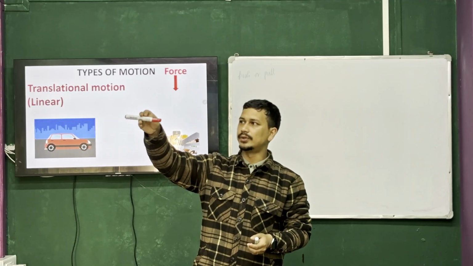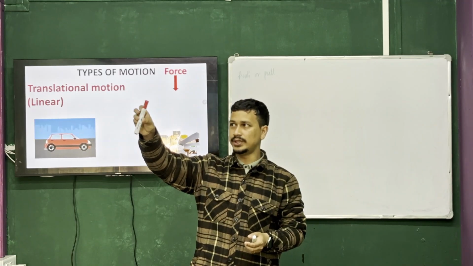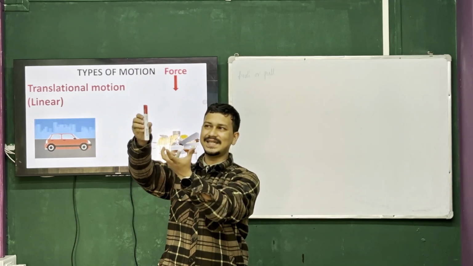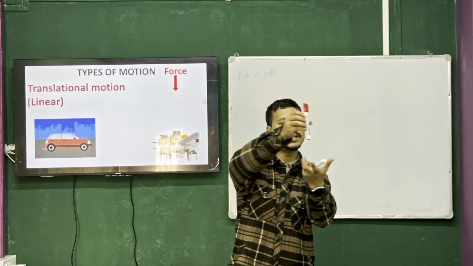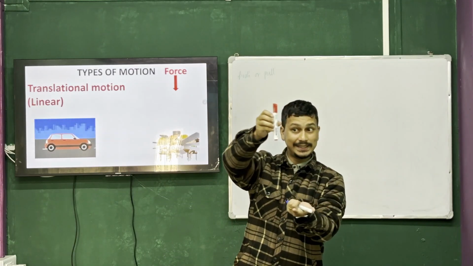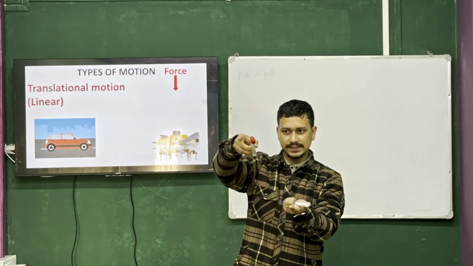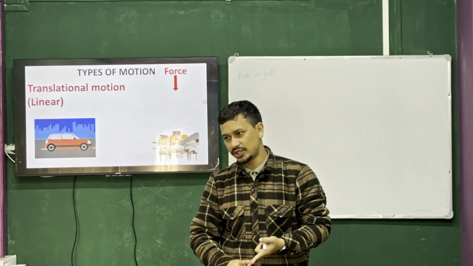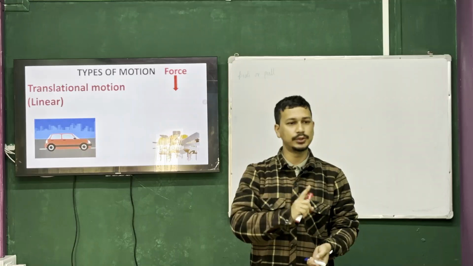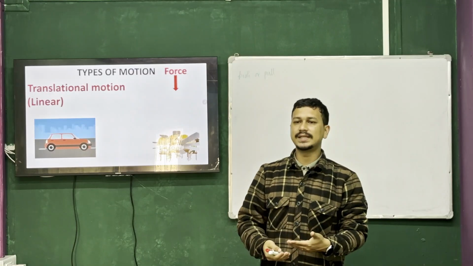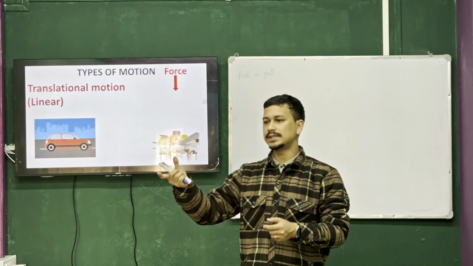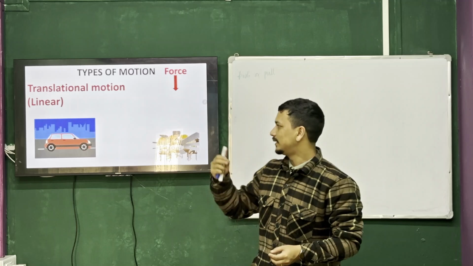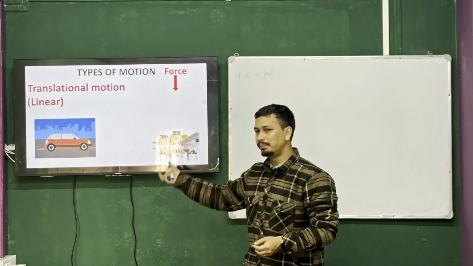Yes, the wheel is rotating, so there will be rotational motion, but the wheel itself is also moving from one place to another. So is there linear motion or not? Yes. So there is linear motion as well as rotational. That means both is also possible. Sometimes students get confused that, oh, rotational, so it must not be linear. But there are many examples where it can be both.